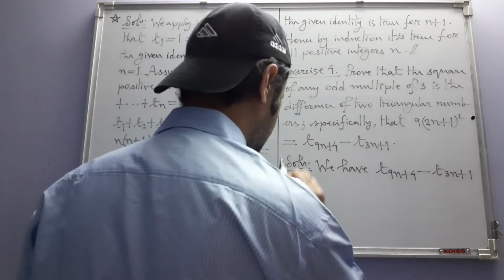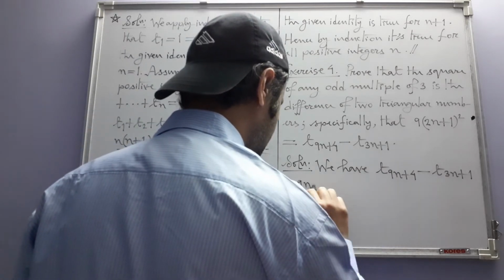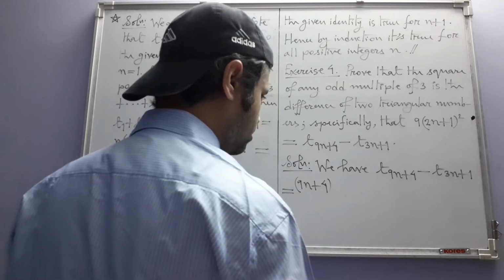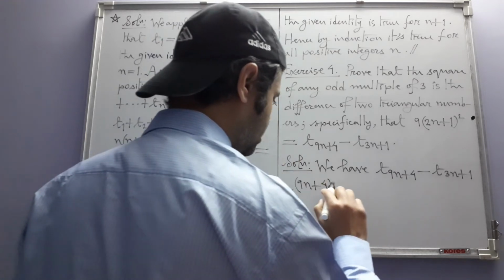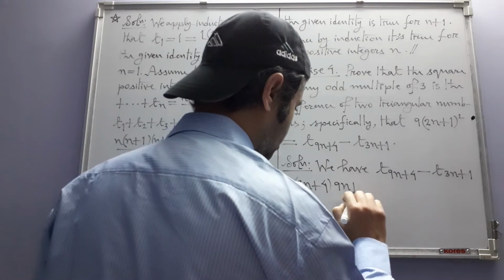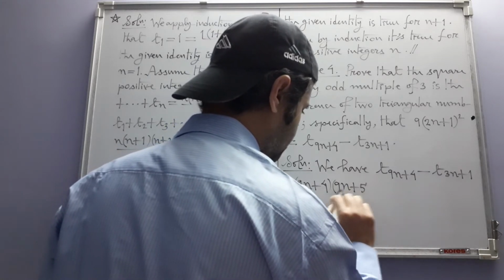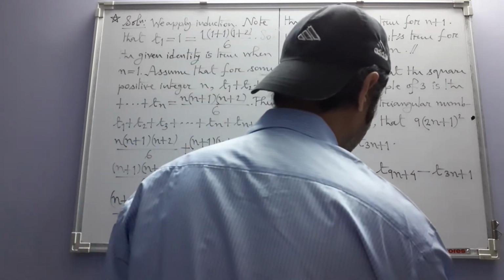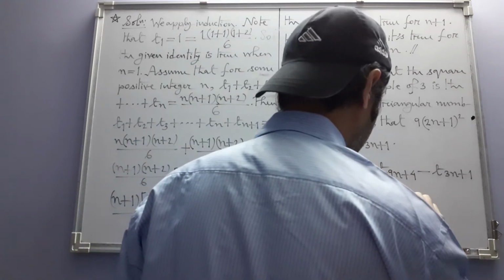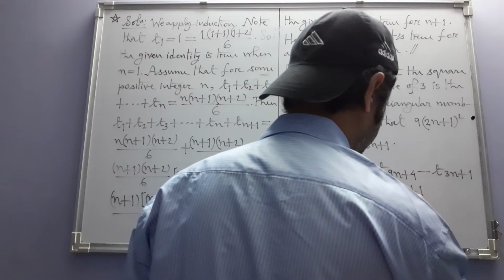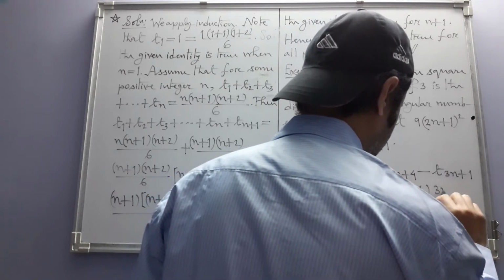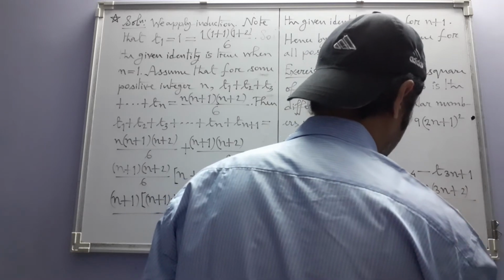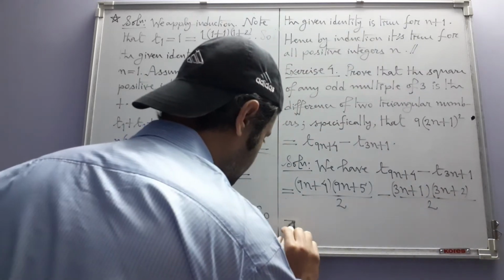Okay, so if we use the expressions for the triangular numbers, this will be (9n plus 4) times (this plus 1), that means (9n plus 5), divided by 2, minus, for this one, (3n plus 1) times (3n plus 2) divided by 2.